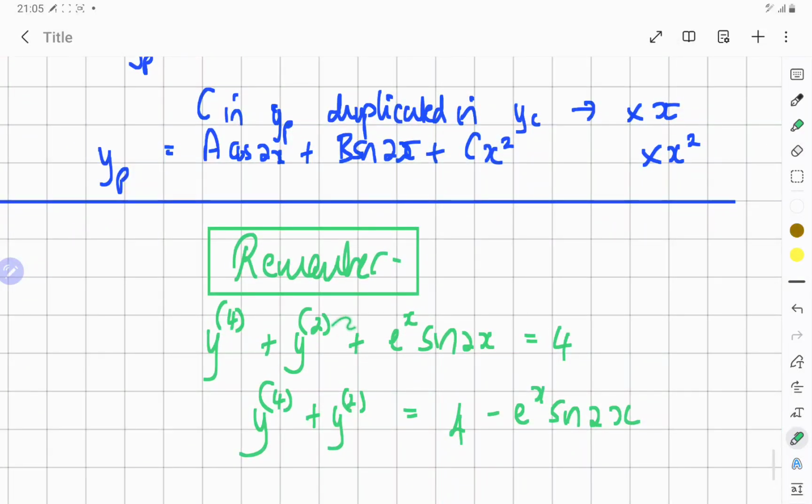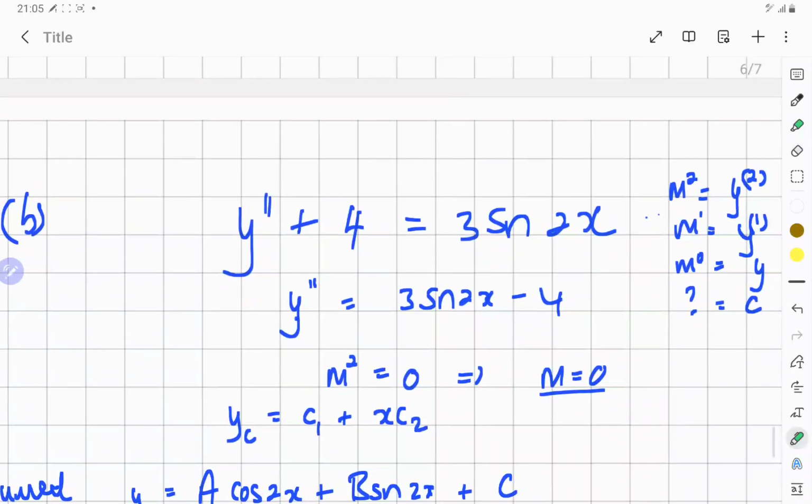If you have your differential equation, but you have these terms in x, you need to realize that you're going to do your auxiliary equation from here. You need to take the x terms across. So from now on, any constants or functions in x, you will take across.